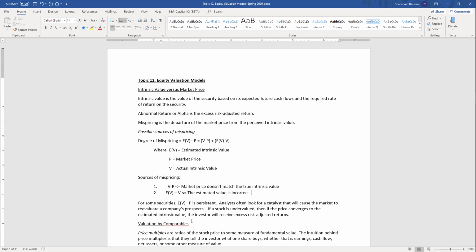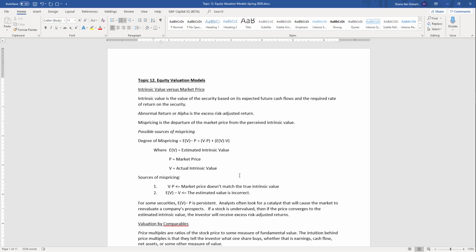For some firms, even if V minus P is the source of mispricing, so the market price doesn't match the intrinsic value, sometimes it might not ever actually achieve that, especially if it's a small firm that's thinly traded. The market may never become efficient for that stock.